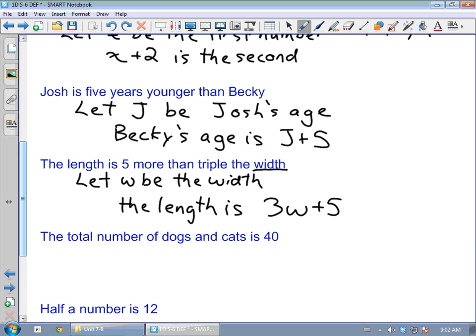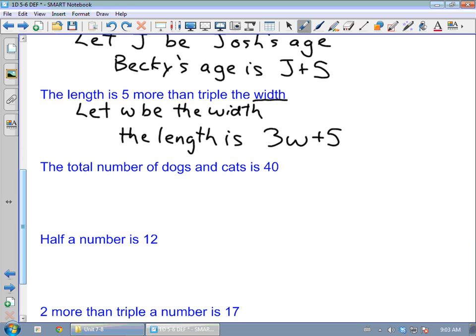And let's see. We'll try this next one here. The total number of dogs and cats is 40. Okay. Well, we've got dogs, we've got cats. We'll pick one of these here. Let D be the number of cats, let's say.